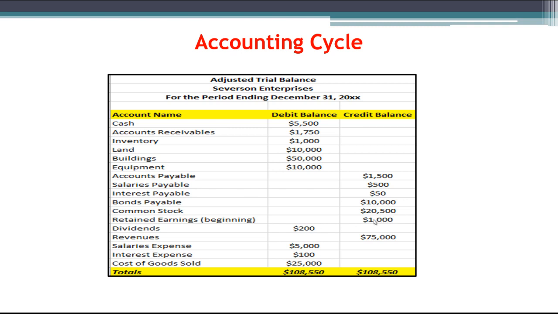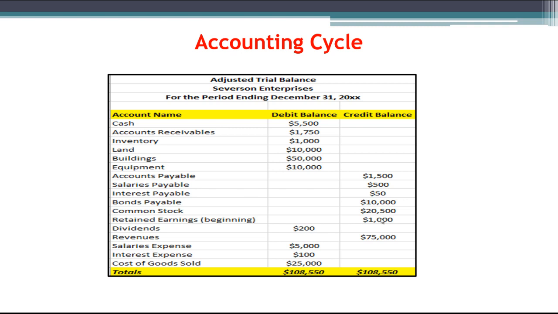Now let me clarify something here. Common stock would go to the balance sheet. Retained earnings is the one tricky piece here. Retained earnings would go to the statement of retained earnings on the statement of changes in owner's equity. This is the beginning balance. That's a key thing to note.